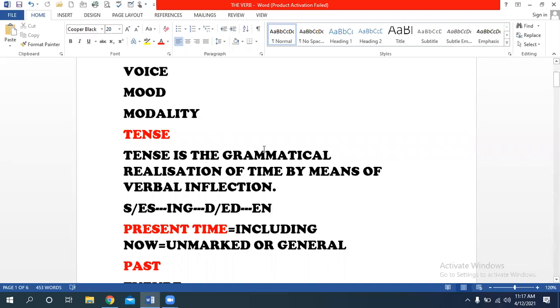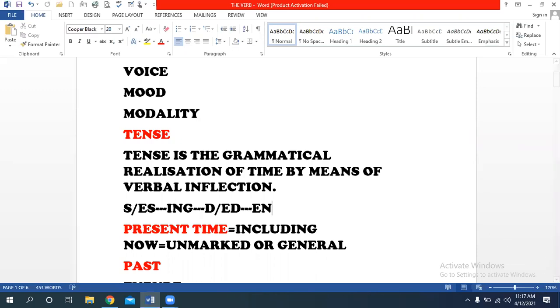So tense is the grammatical realization of time. It means that tense is actually time, but this is the time that we understand by means of verbal inflection, by means of the inflections used with the verbs in English language.